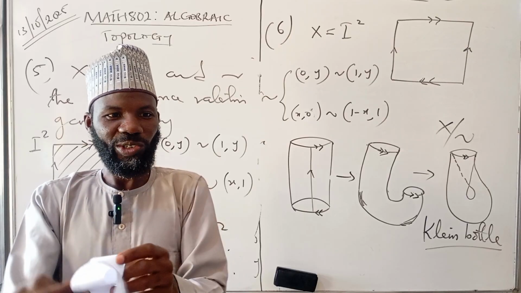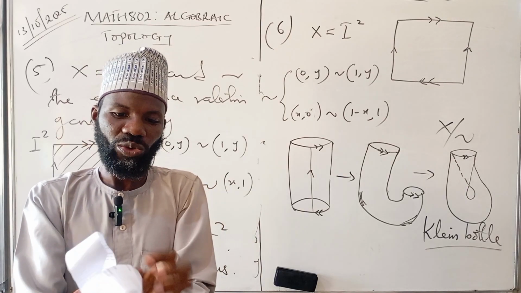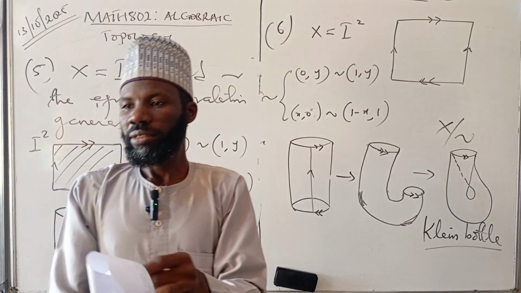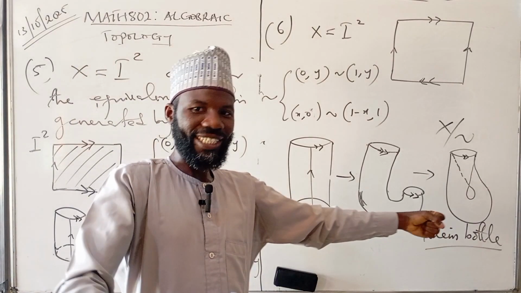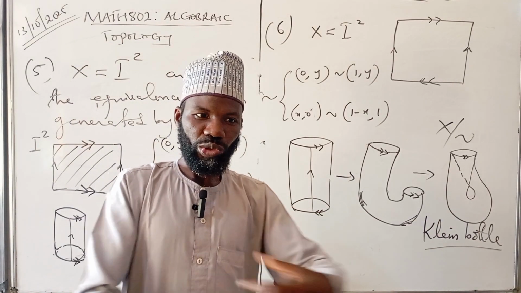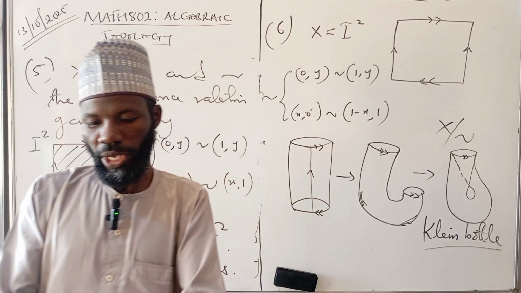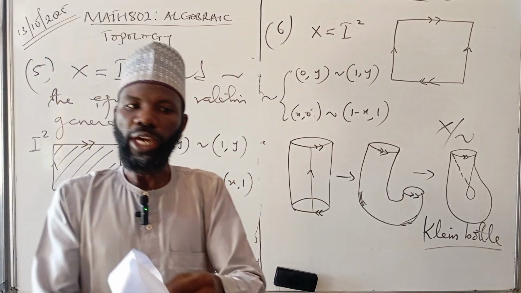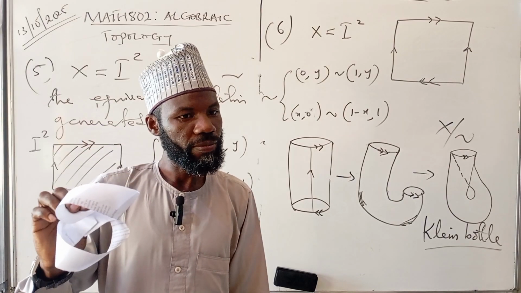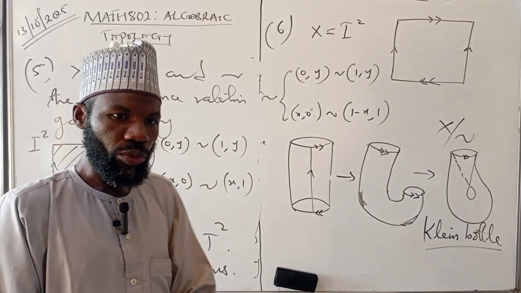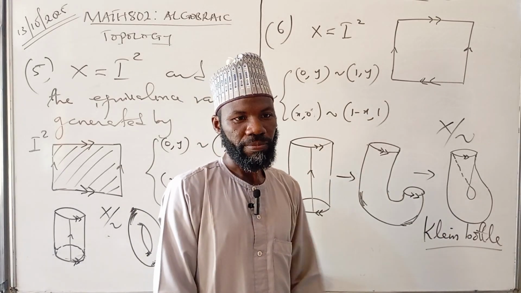Only in 4 dimensions can you do it, because there are times that you have to allow one of the strips to pass through the other. Since you don't have the other axis to exit and do the passing, that will not be possible here. But once you are able to do that, you come up with a new space by gluing the 2 spaces together, and that new space is still the Klein bottle.